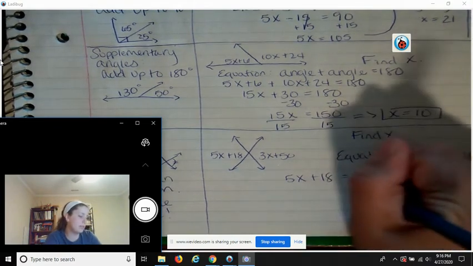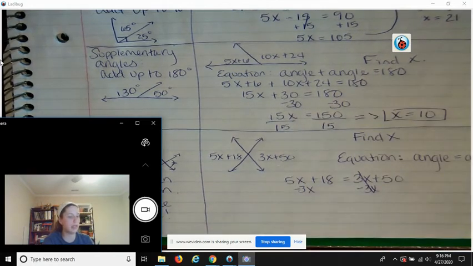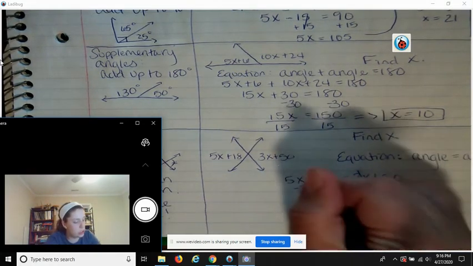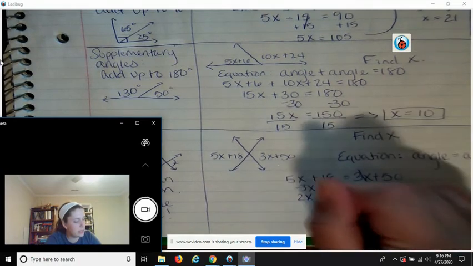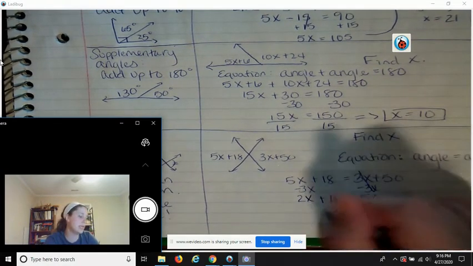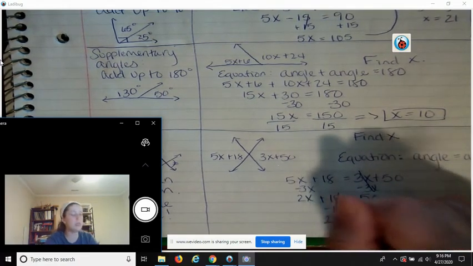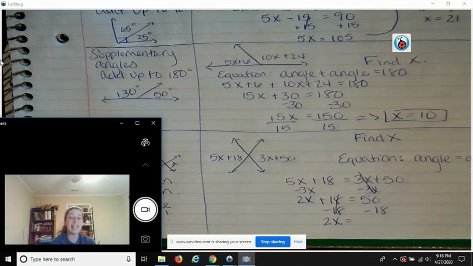Subtract 3x from both sides. So I should get that 5 minus 3 is 2x plus 18 equals 50. And I want to subtract my 18 from both sides to isolate my x term. 50 minus 18 might seem a little tricky at first, but just pretend like the 18 is a 20.